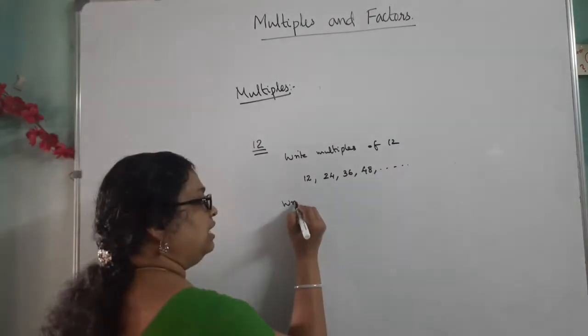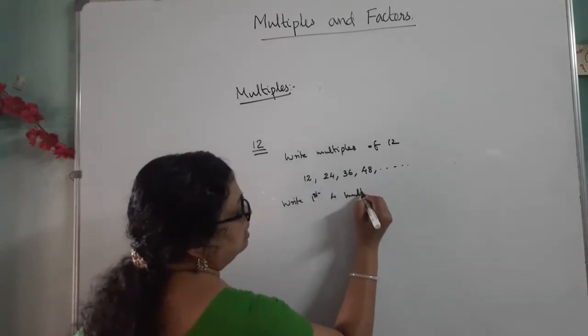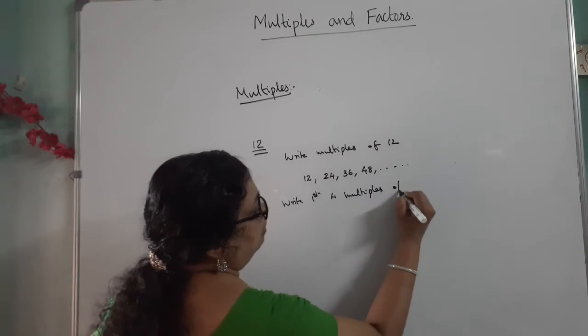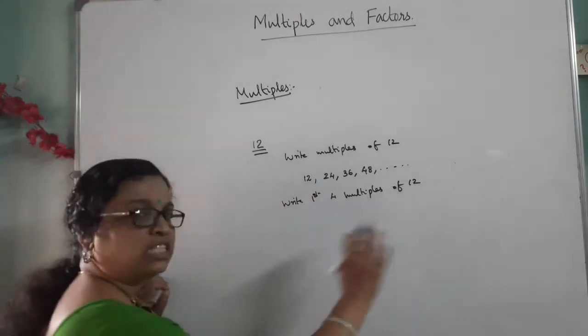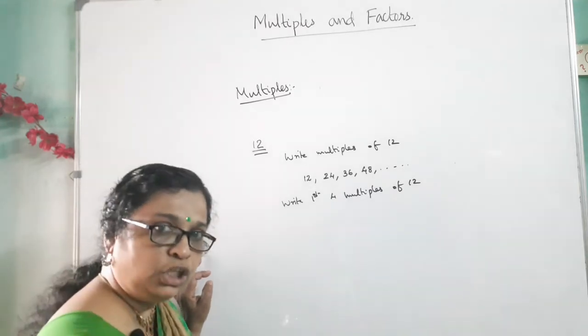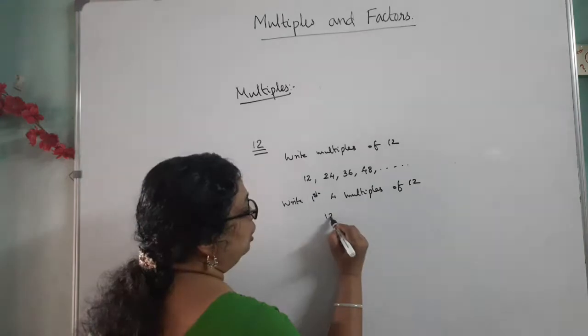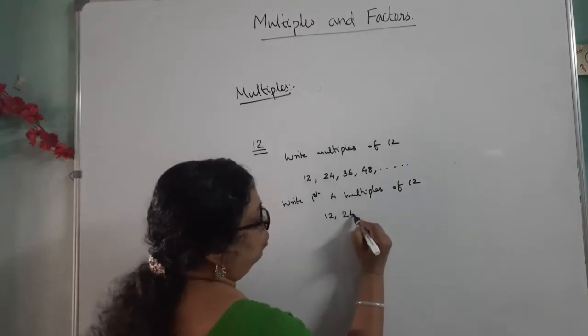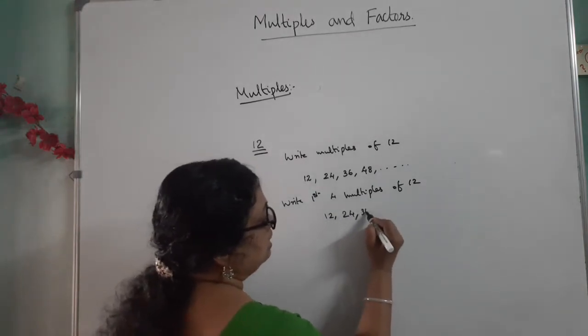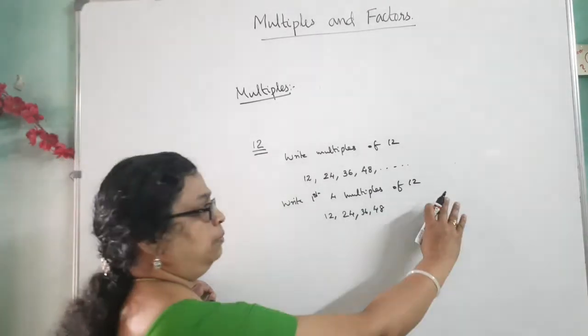The next question, write first 4 multiples of 12. Then first 4 multiples is multiplying with 1, 2, 3 and 4. That is 12 into 1, 12, 12 into 2, 24, 12 into 3, 36, 12 into 4, 48. These are the first 4 multiples of 12.